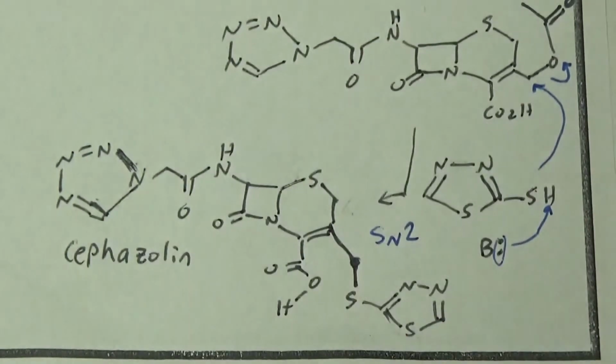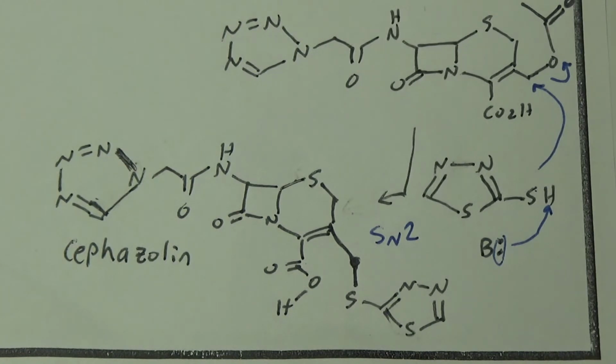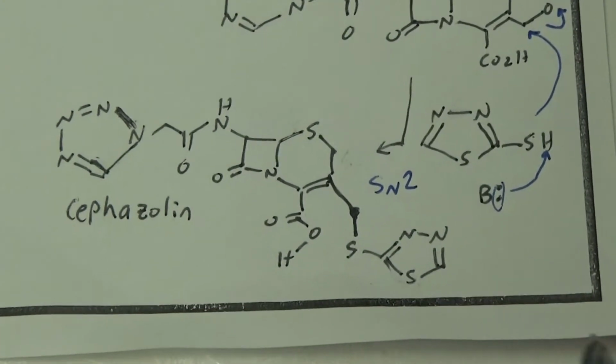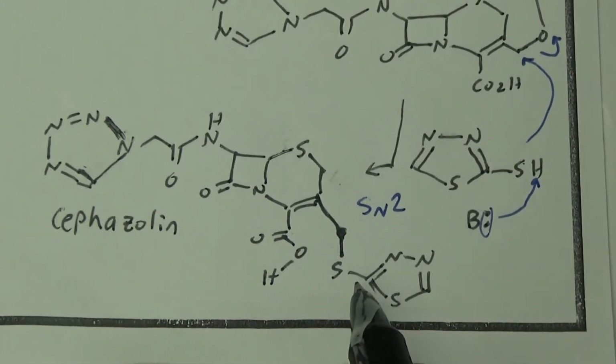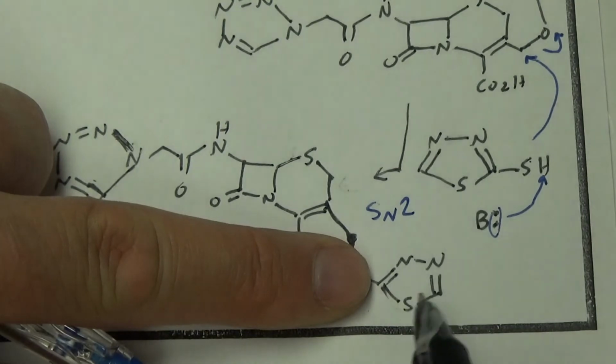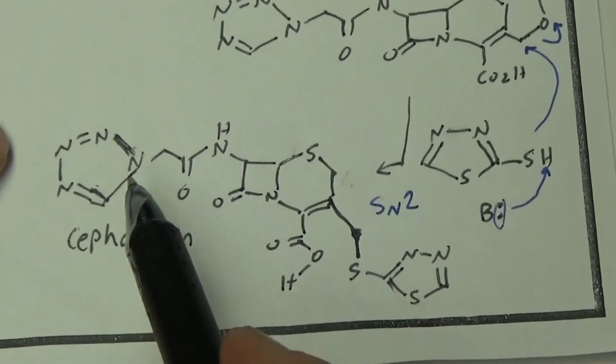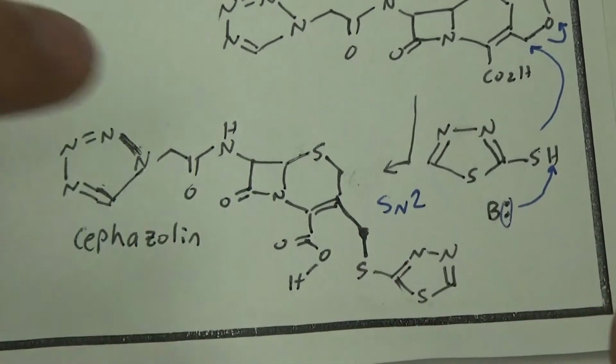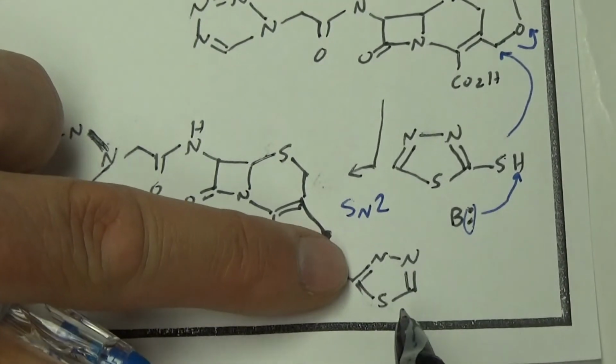What else? Let's see. Just for fun, let's think about naming this thing. This heterocycle. Any ideas how you name it? We call this a tetrazole because there's 4 nitrogens. This is something-zole.